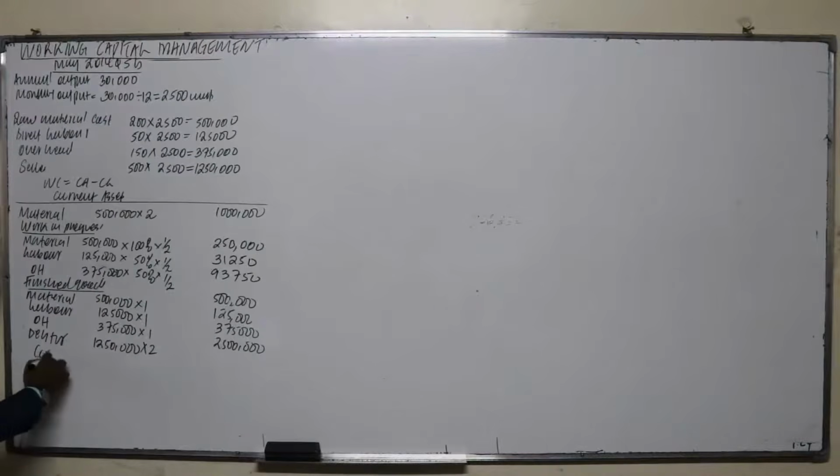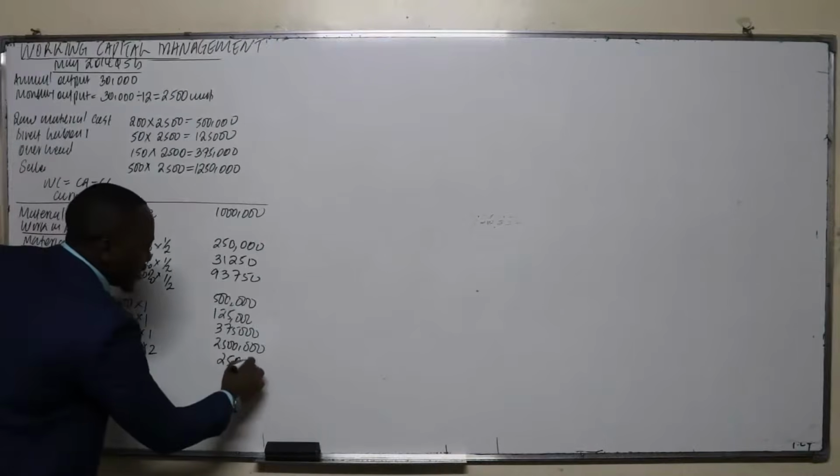And then number 6, a minimum cash balance of 250 is expected to be maintained. Cash is part of current assets. They expect to maintain a minimum of 250,000.